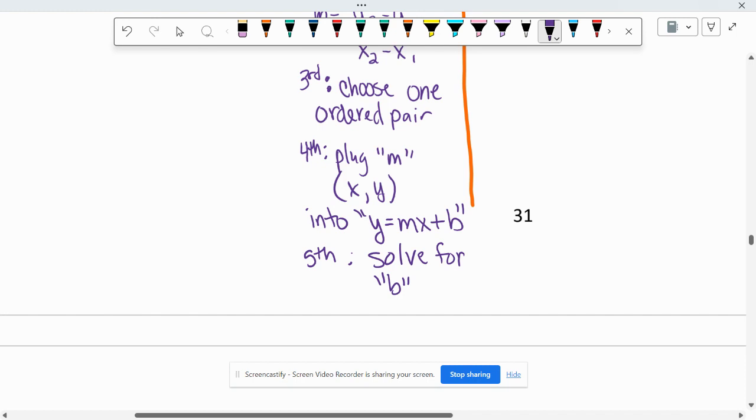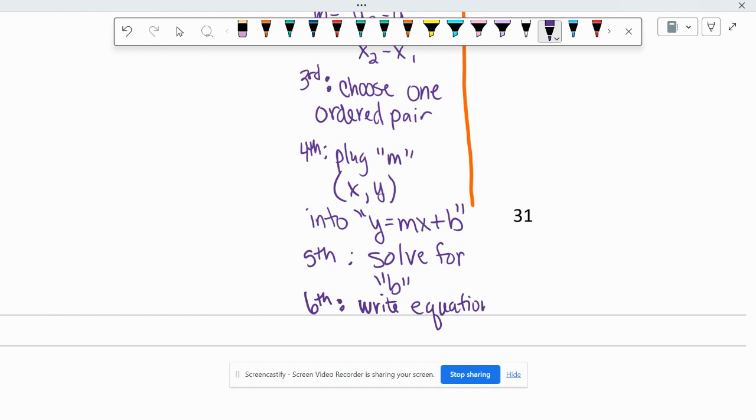You're going to solve for b. Last step, write the equation, y equals mx plus b, with your m that you calculated and with your b that you calculated. Okay, those are the steps.